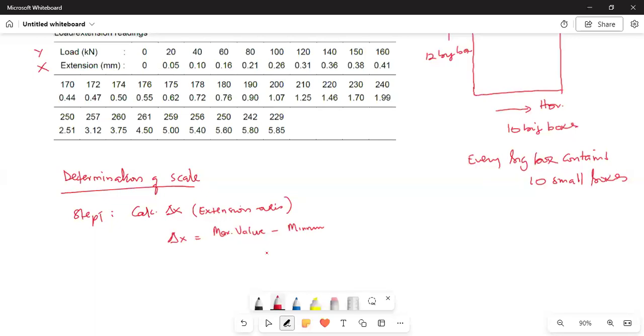Hold on for me. Change in X is maximum minus minimum.